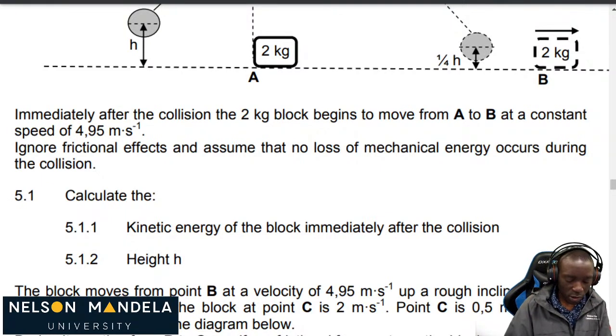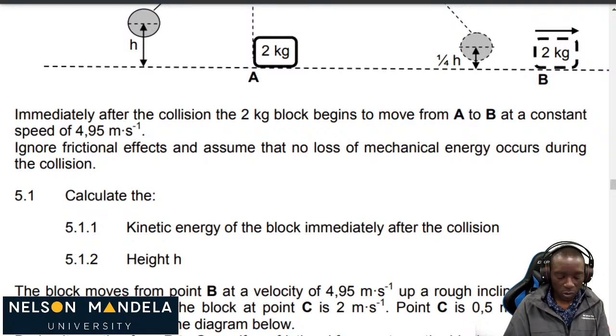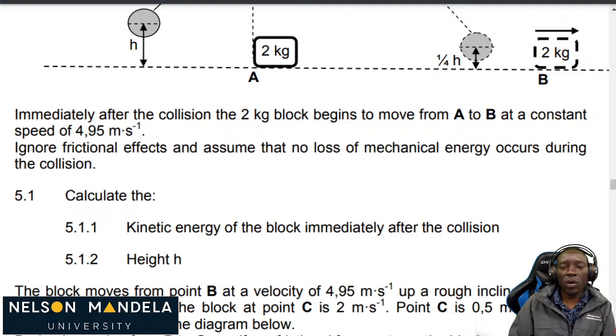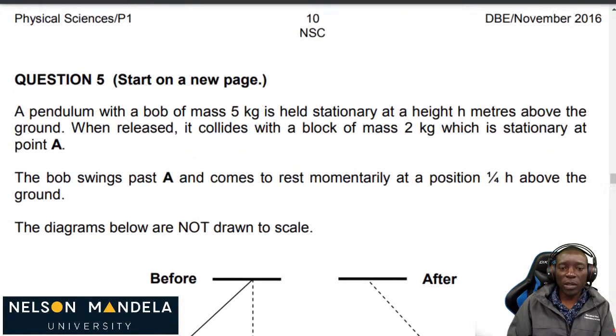Okay, that's an interesting one. Question 5.1.1. What can we say about the kinetic energy of the block from the given information? I'm not going to list the information now, I think we have lots of it.